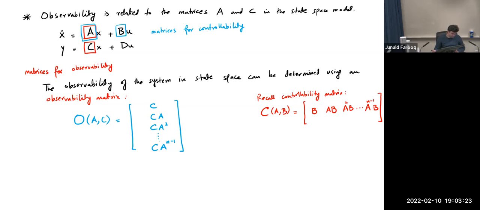So same thing here. This is the observability matrix.